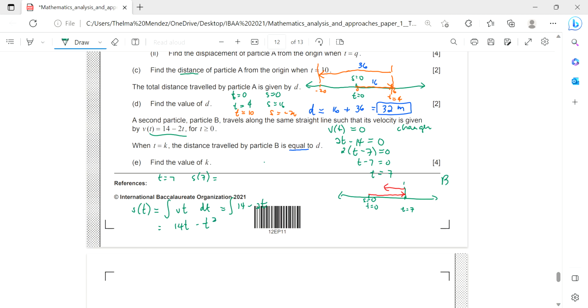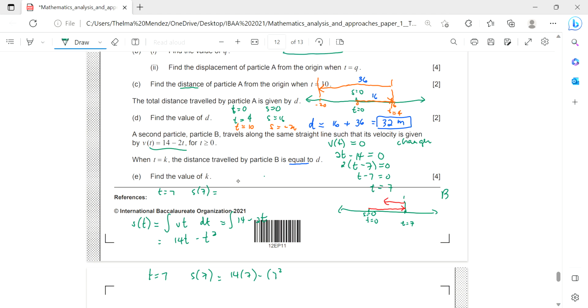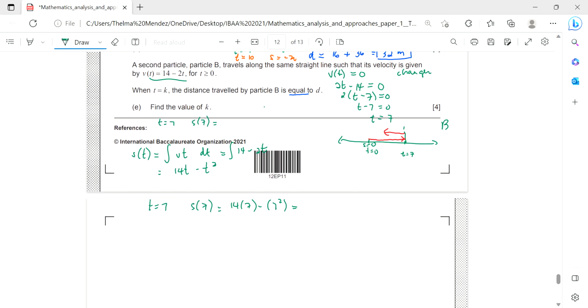Let's drop the c now. So going back, t equals 7 will give us S of 7 equals 14 times 7 minus 7 squared. Let me check my calculator. So 14 times 7 minus 49 gives us 49.